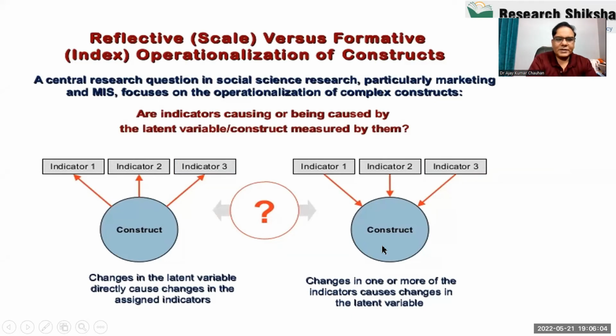Let's say this is construct X, this is construct Y. Can you tell me which construct is this, formative or reflective? Yeah, most of you are giving the right answer. I hope by looking at the diagram, you can clearly identify whether the construct is reflective or formative. So I think the concept is clear.